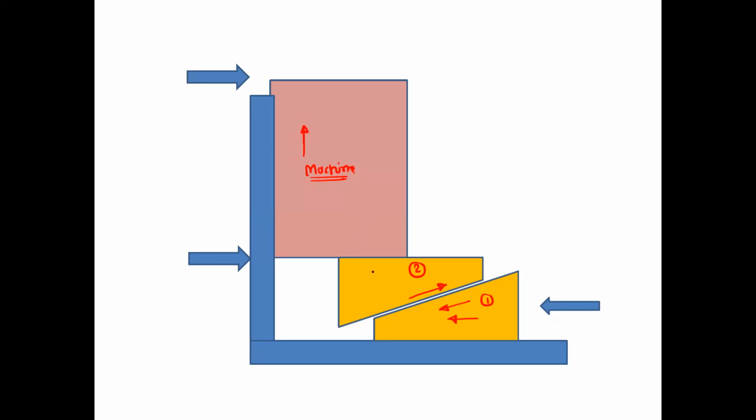And this wedge 2 will slide on the left side by some distance because of this motion. The relative motion of this machine block will be towards the right side if you compare it with the motion of wedge 2.